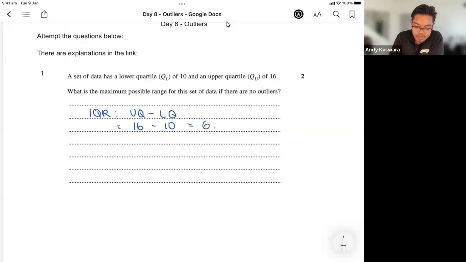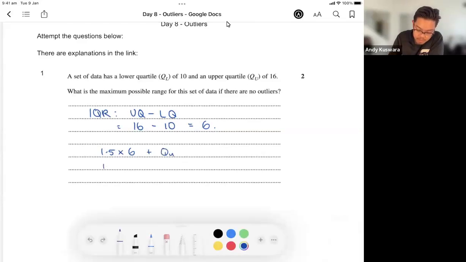And so in other words, an outlier cannot be more than 1.5 times 6 plus my upper quartile, or lower than my lower quartile minus 1.5 times 6.